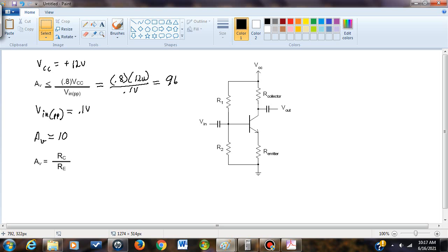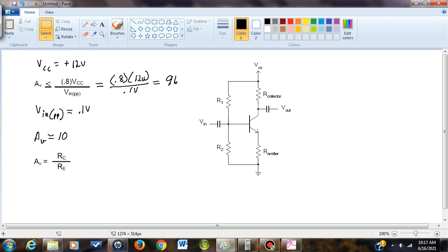Now, one of the things that I do want to make a point of is that the RE value, which is the resistor at the emitter, does affect the input impedance of the amplifier. Since it does affect the input impedance, it can't be very small. So I would definitely shoot for at least about 1k ohm for your RE value.